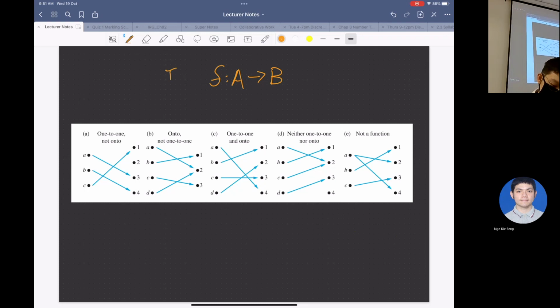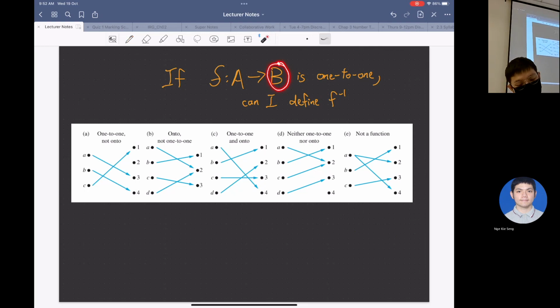I think this is a good question. So if f is 1-to-1, can I define f inverse? To define f inverse, for every b in B, you need to tell me where to send it. So if it is just 1-to-1 and not onto, then I don't know where this element has to go. But if it is 1-to-1 and you restrict to the range of f, then you can define the inverse.